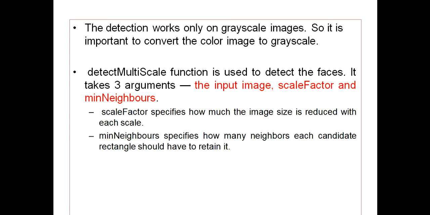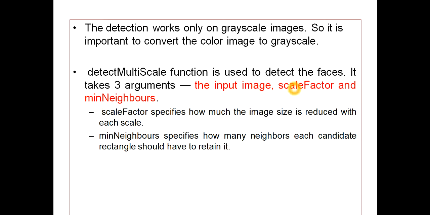The next point is detectMultiScale. This is the function that will be used to detect the faces, and it takes three arguments: first the input image, then the scale factor, then minNeighbors. The input image is the image you are going to input.